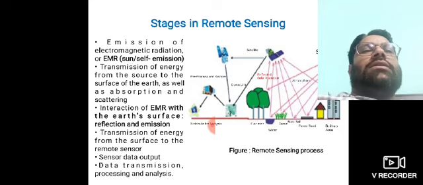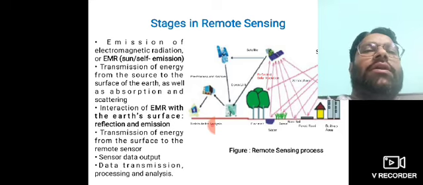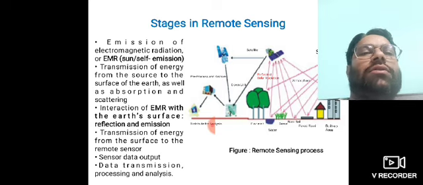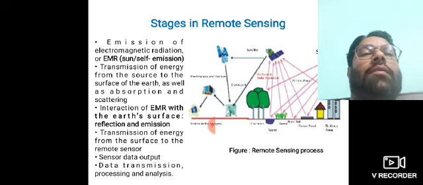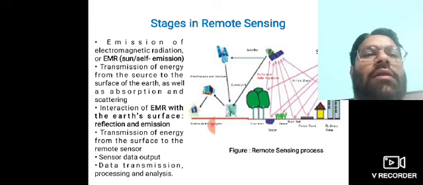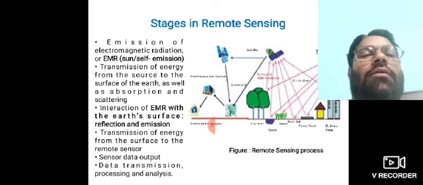What are the stages involved in remote sensing? First stage, emission of electromagnetic radiation. Then transmission of energy from source to the surface of the Earth, as well as absorption and scattering, that means interaction of EMR with the atmosphere. Then interaction of EMR with Earth surface, reflection and emission.